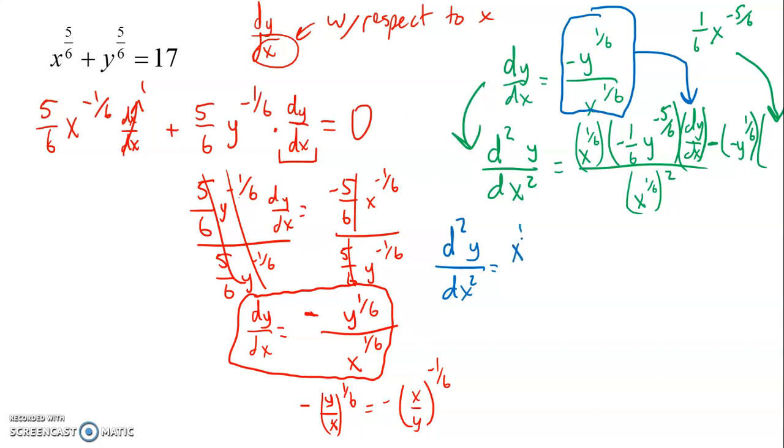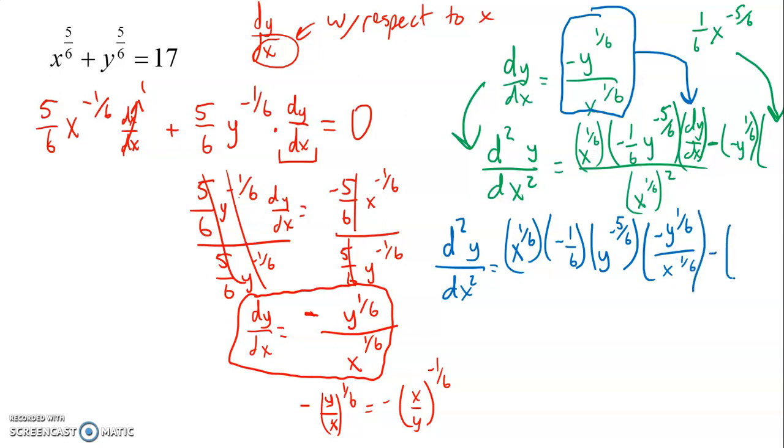So on the top, I'd have x to the 1/6 times negative 1/6 times y to the negative 5/6 times negative y to the 1/6 over x to the 1/6, minus negative y to the 1/6 times 1/6 x to the negative 5/6.